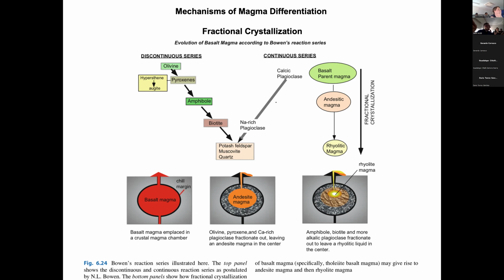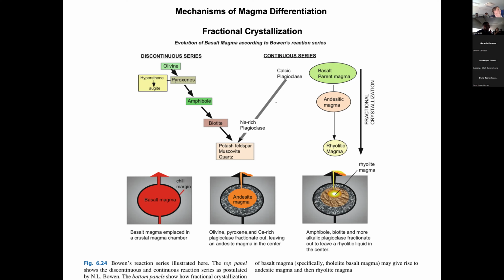Basically, you will accumulate an andesite, and this andesite, if we continue to crystallize and you fractionate solids, at the end you will have a core of rhyolite, like we did now. Now, to do so, you need a huge amount of basaltic magma initially to have an eruptible rhyolite at the end. If you start from a small amount of basalt, it's possible to do so, but then at the end, I think you will not have any eruptible rhyolite.